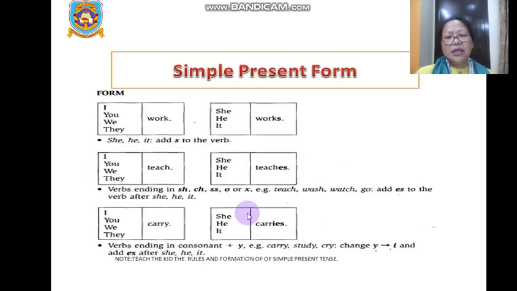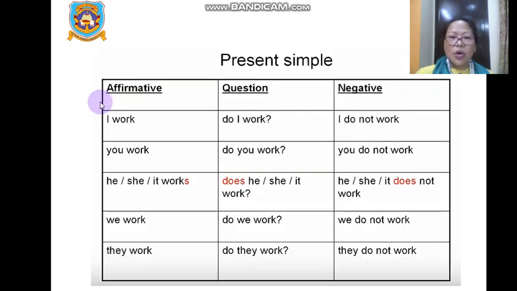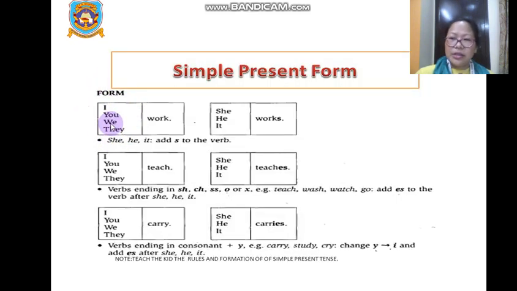Let us understand simple present form. What are the forms of simple present tense? Now here you see in the first box: I, you, we, they, and another box is a verb. Now all this is first or second person.